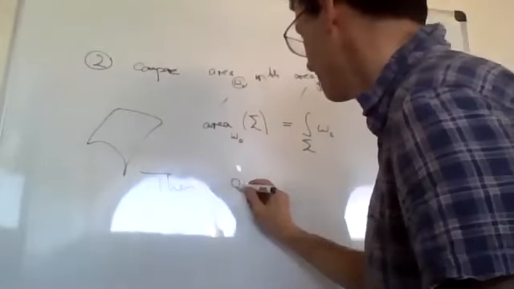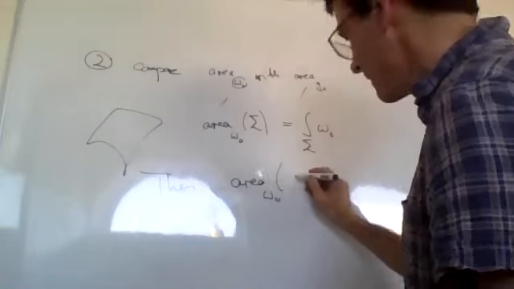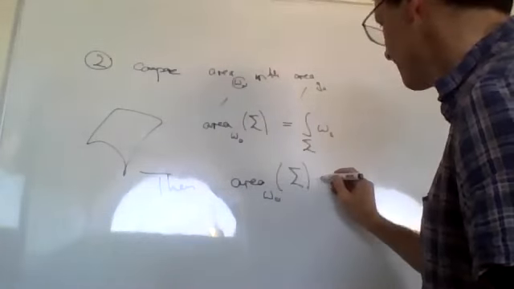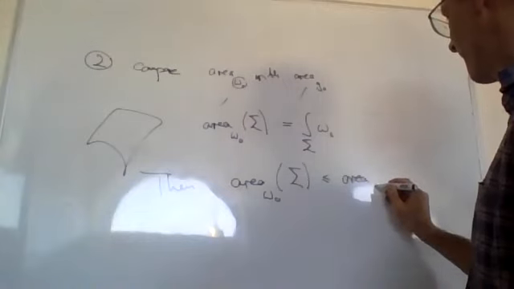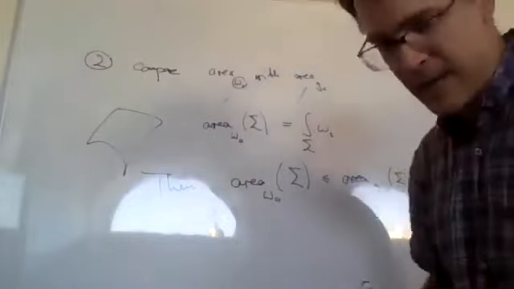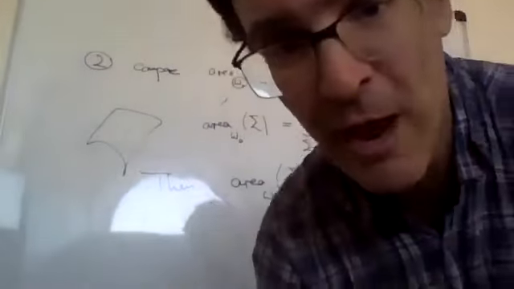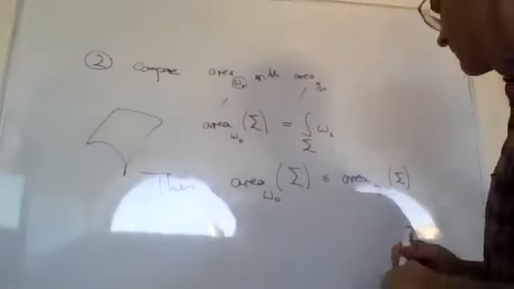The omega area is always less, and equality you have if and only if sigma is holomorphic.